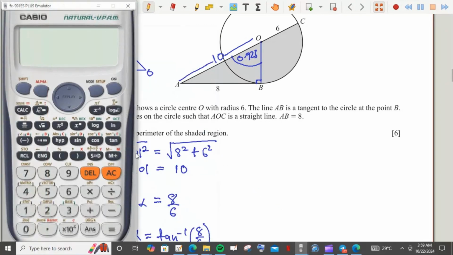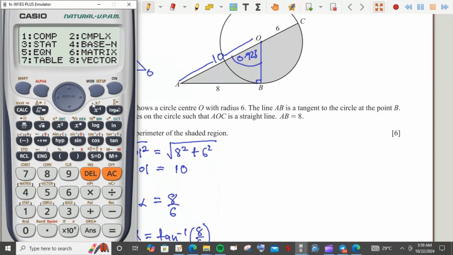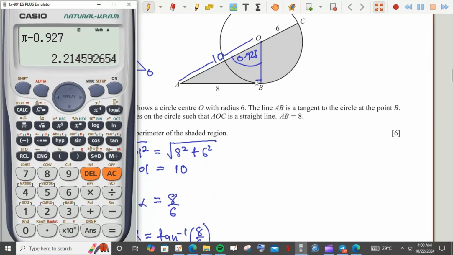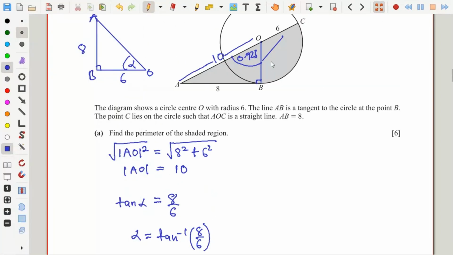This way I'll need my calculator by my side. So the angle there is going to be, make sure your calculator is in radians. You just subtract it from pi. Okay. So the angle here is going to be, because it's an angle on a straight line.